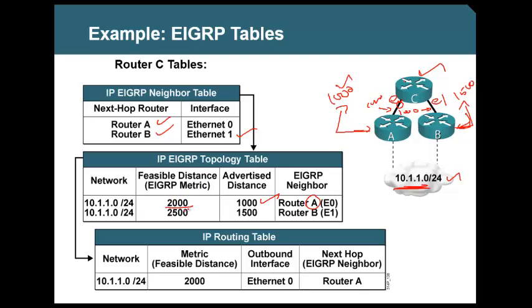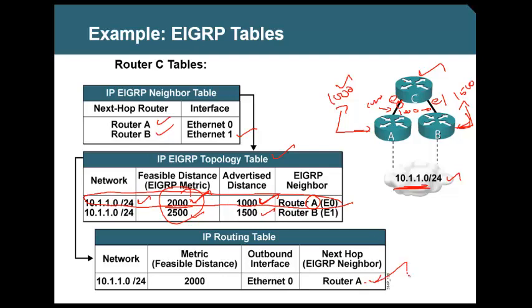See, in the topology table, for every destination, you will see the advertised distance and the feasible distance. Via B, if you see the advertised distance and the feasible distance, which one is lower? 2000. So the 2000 route alone will be installed into the routing table.